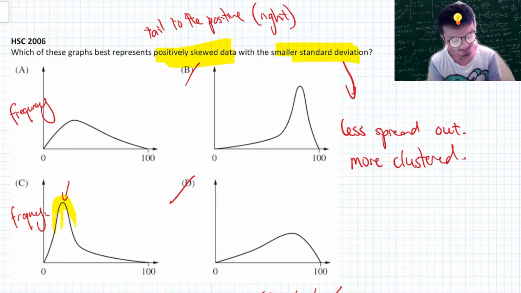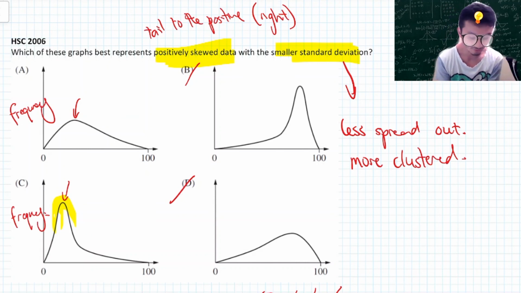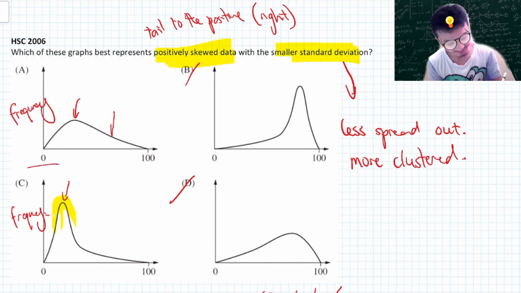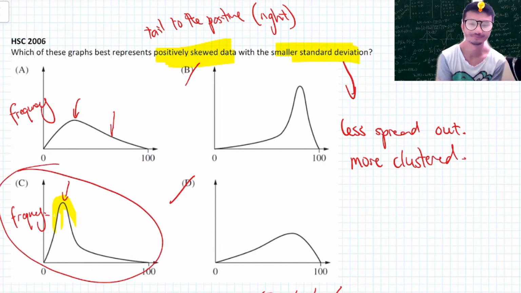Compare that to this one over here. Although there is a peak here, we could say that that's 5 as well, you can see that the peak is not as high. And what that means is that there are a lot more values down this way as well. It's a lot higher than those other sections on C. So if I'm looking for values that are less spread out, or another way of saying that is more clustered together, then C is the answer I'm looking for.